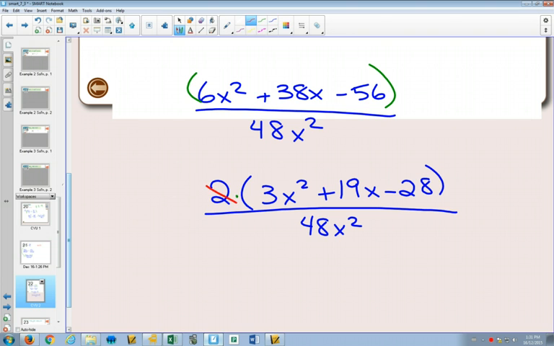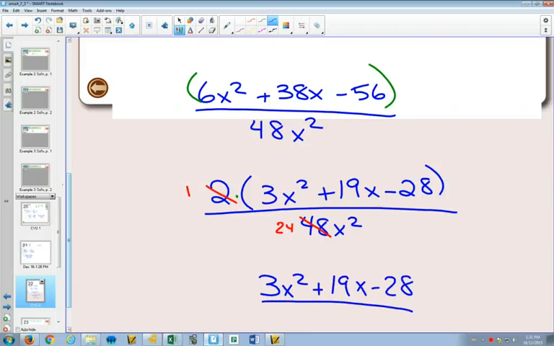That will simplify to 1 over 24. Now this top is still grouped together. There's no common factor that you can factor out. And so this would be done.